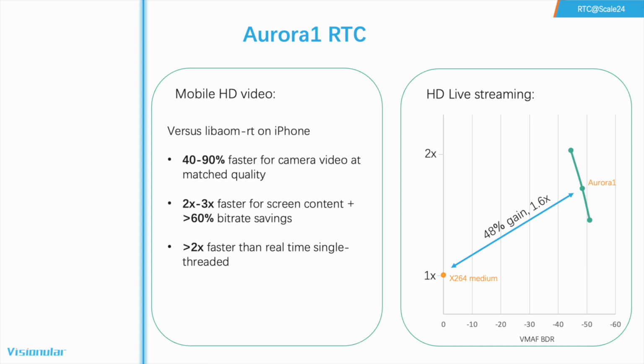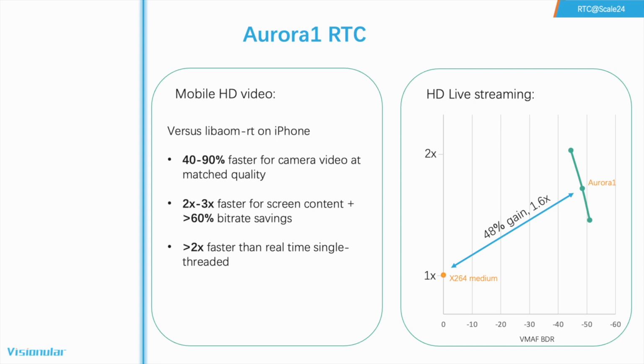So 48% bitrate reduction in VMAF and 1.6 times the speed of x264. And we can actually get up to twice the speed of x264 if we are prepared to lose a few percent.